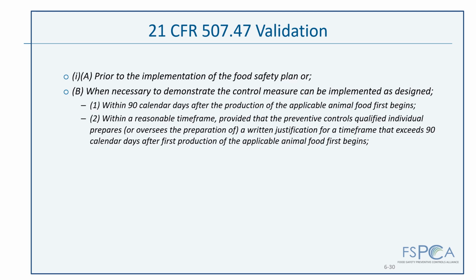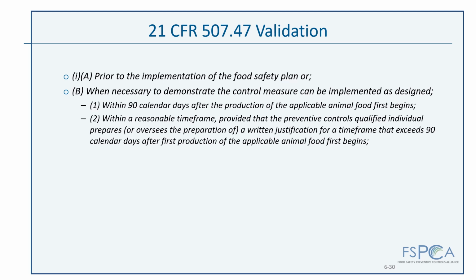If you can't validate a control measure before you implement it, you have within 90 calendar days after production of the applicable animal food begins, or within a reasonable time frame, as long as the PCQI can justify that and writes down that justification. So the FDA recognizes that there are some situations where validation is just not going to happen before the implementation of a food safety plan.